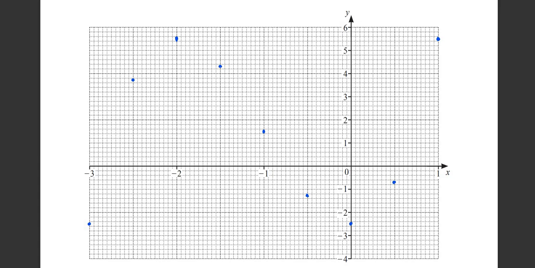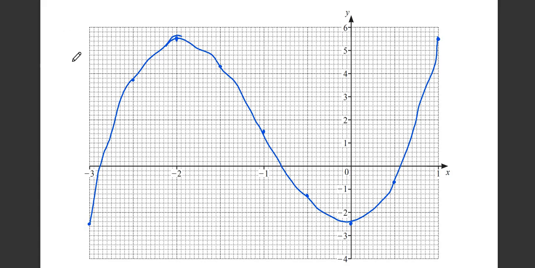Actually, I'm not very good at it, but I'll try my best though. So basically, the first start is bad. So I need to join all these points. My answer might not be very accurate. All right, so we have made the graph.